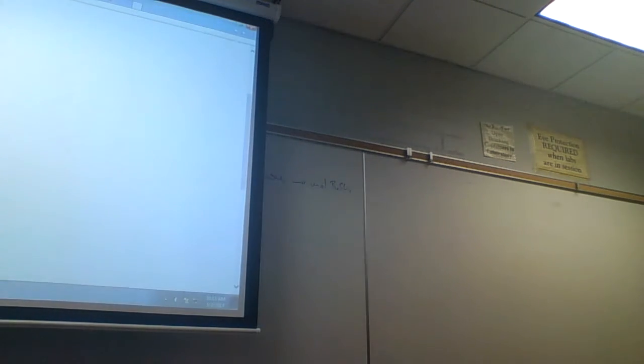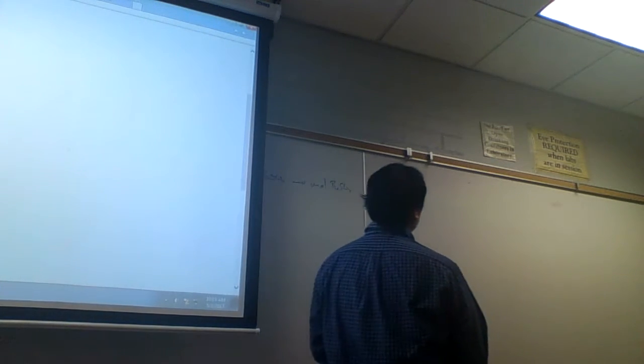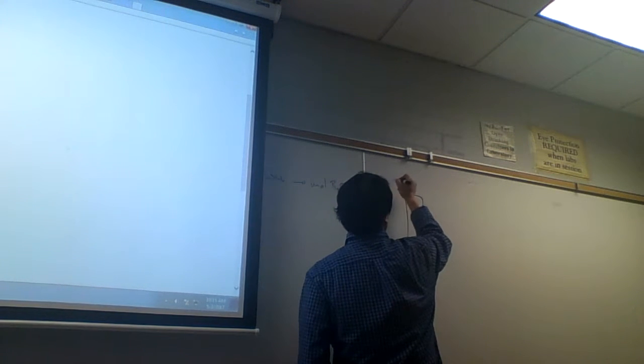All right, so last time we were talking about making a hydrogen lamp, and hydrogen was supposed to behave as a black body emitter. This is our hydrogen lamp.